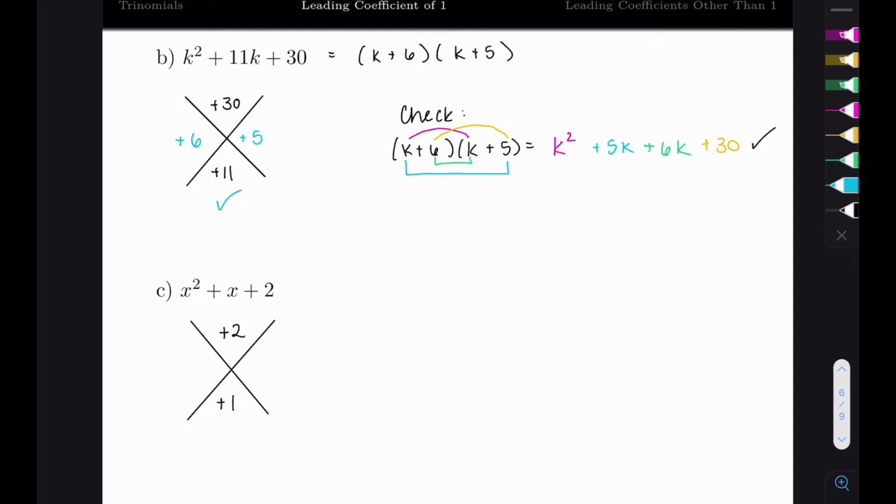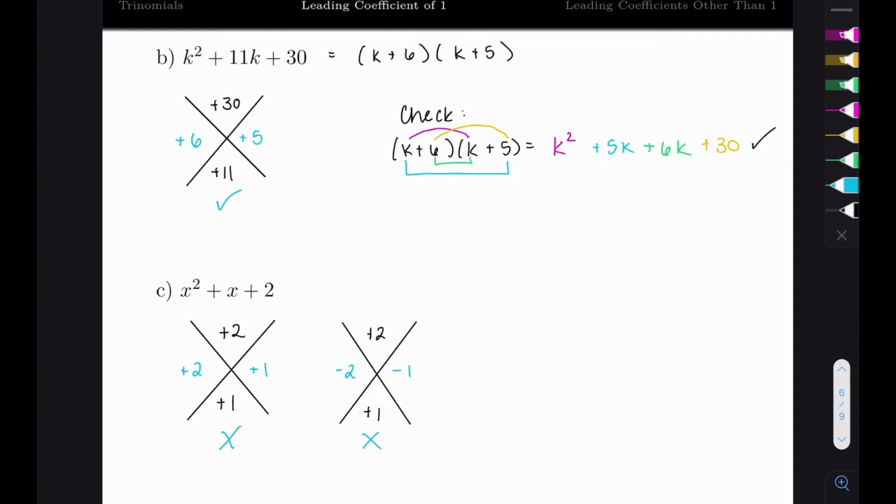The only nice numbers that multiply to 2 are positive 2 and positive 1. But they add to 3. So that doesn't work. If I try it again, the only other way I can multiply to positive 2 is doing negative 2 and negative 1. But those add together to negative 3.